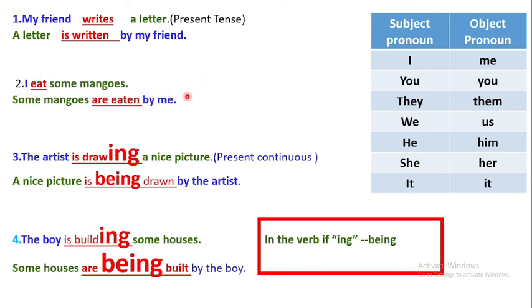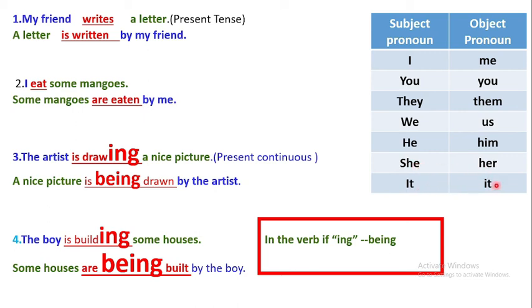I, me. Here I have made a table. Subject pronoun, object pronoun. I as a subject, me as an object. You, you. They, them. We, us. He, him. She, her.